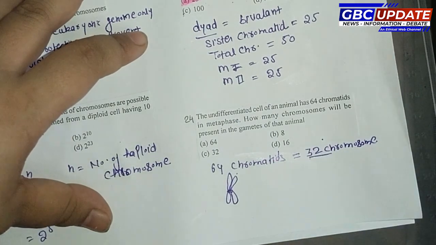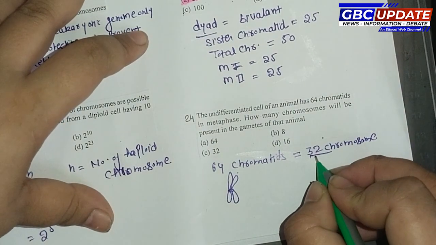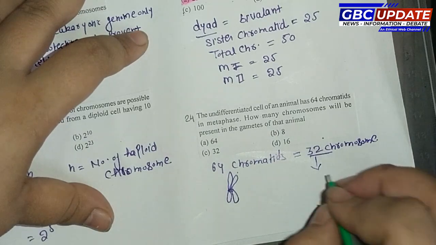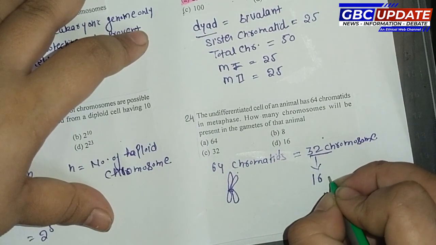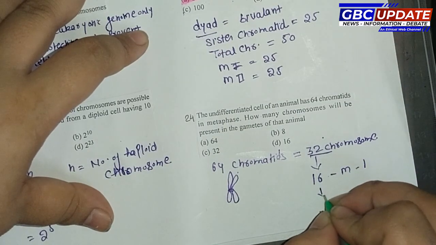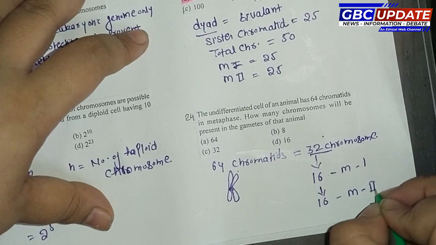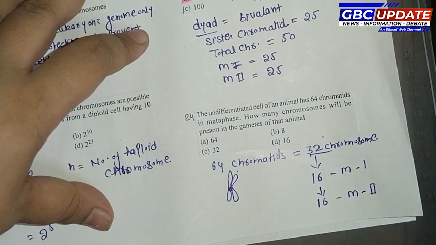Metaphase, that means 32 chromosomes were there. How many chromosomes will be present in the gamete? So we have to reduce it to half, that means 16 after meiosis 1, and after meiosis 2 they will remain 16. So the correct answer is D.